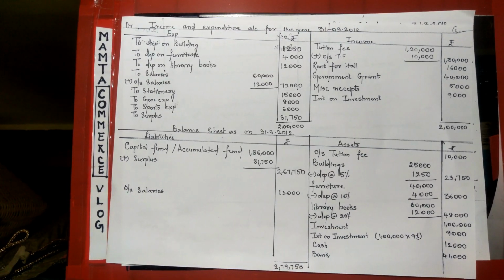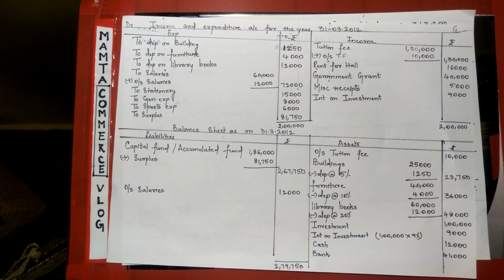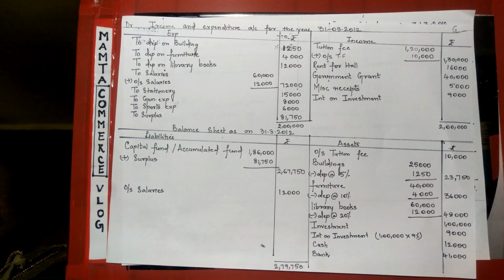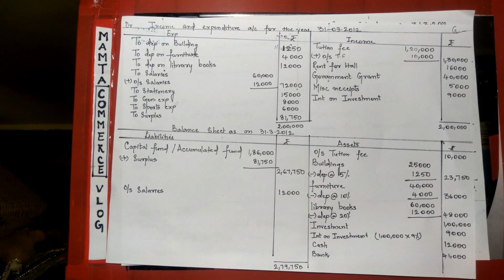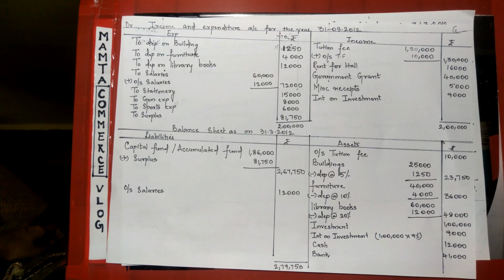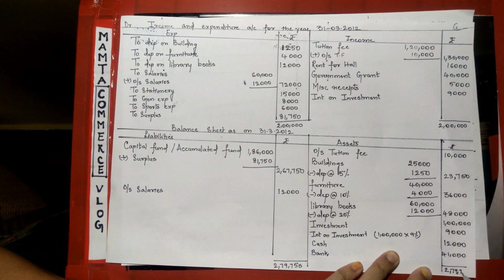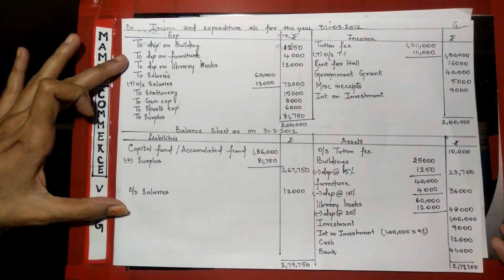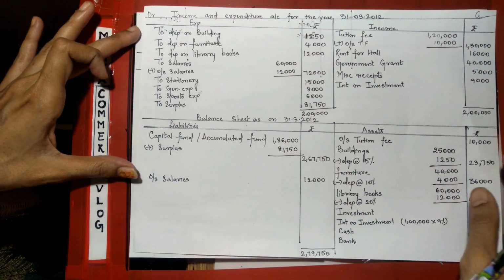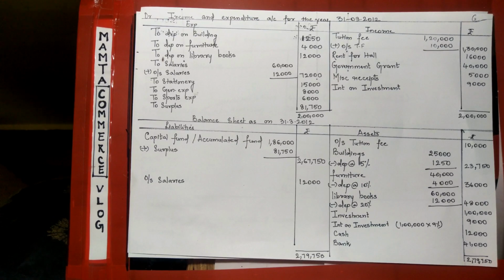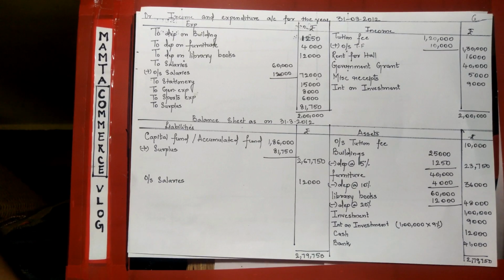Let us calculate on the asset side, and the total of asset is 2,79,750. So friends, our balance sheet got tallied with 2,79,750, and we got a surplus of 81,750. That is, our income is more than expenditure of 81,750.